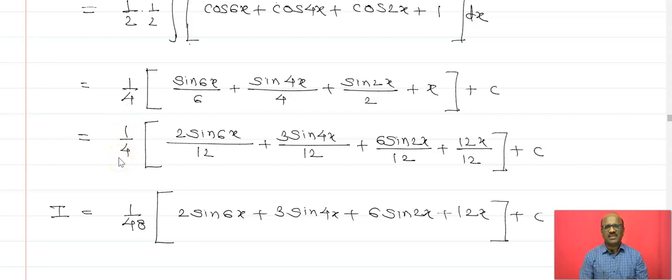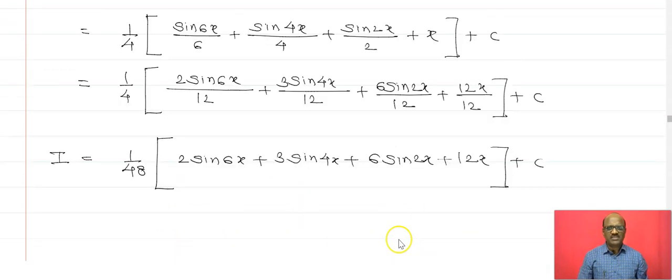Now it can be written again: sin 6x upon 6 can be written as 2 sin 6x upon 12, plus 3 sin 4x upon 12, plus 6 sin 2x upon 12, plus 12x upon 12. Take 1 upon 12 as common, then you will get 1 upon 48 in bracket 2 sin 6x plus 3 sin 4x plus 6 sin 2x plus 12x, plus c.